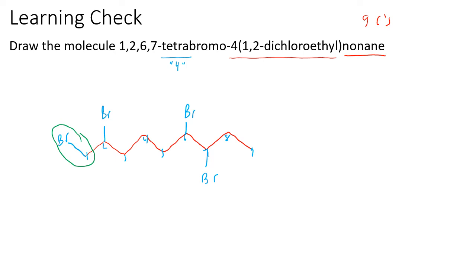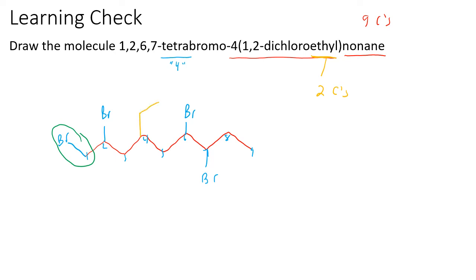And now at position number 4, we have a 1,2-dichloroethyl. So how you kind of break this up is the ethyl ending of the subbranch tells me that there's 2 carbons in that subbranch. And at position 1 and 2, there's chloro groups on that subbranch. So coming off of 4, there's going to be 1, 2.